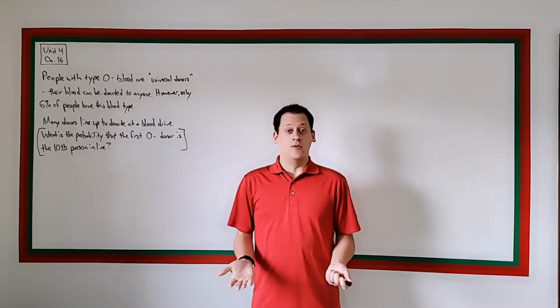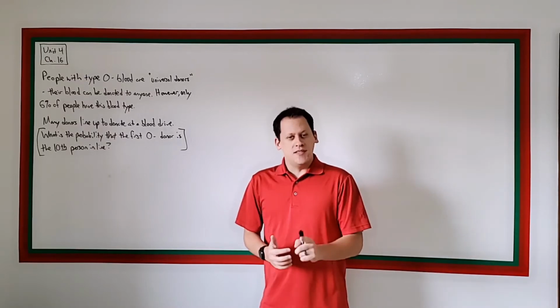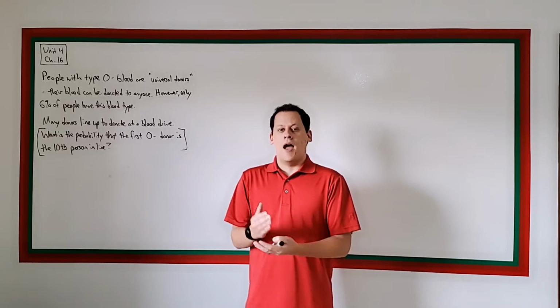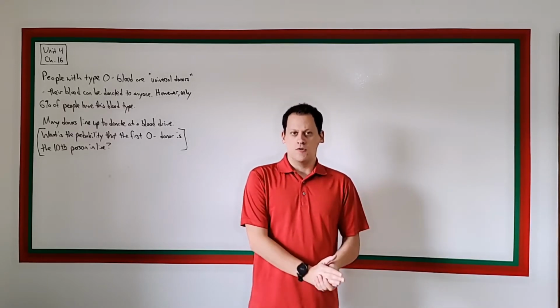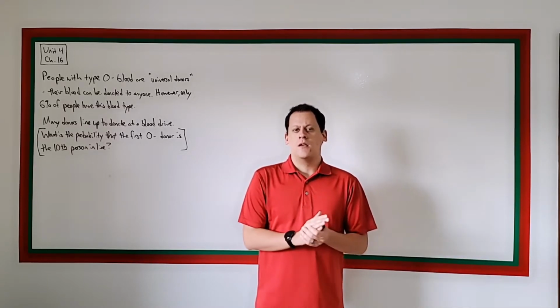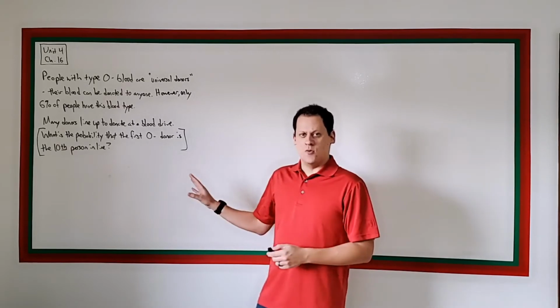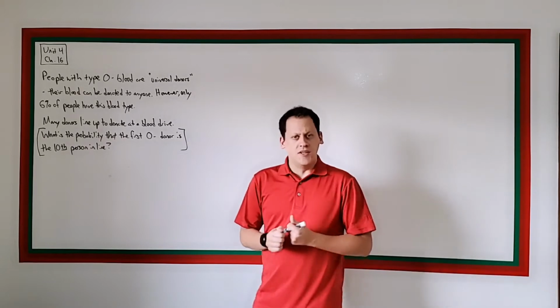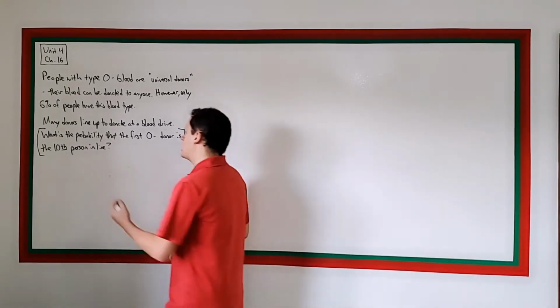What about binomial? What did we say a binomial random variable measured? How many successes there are in a certain number of trials. Is that what the random variable in this question is measuring? Well, we need to know what the random variable is first.